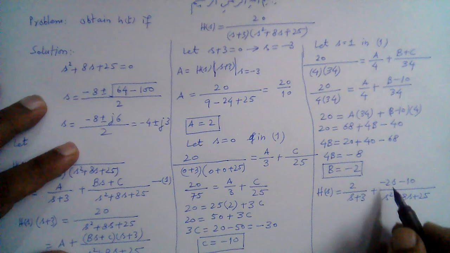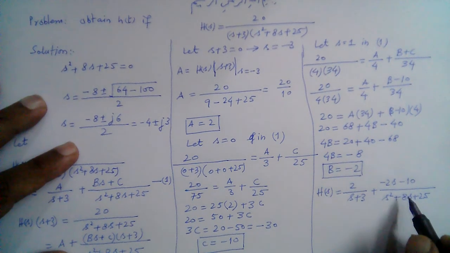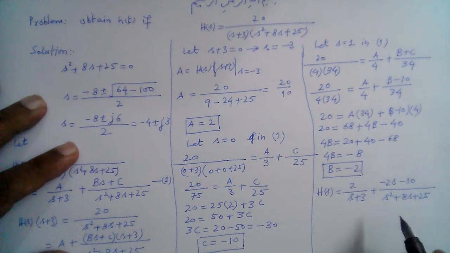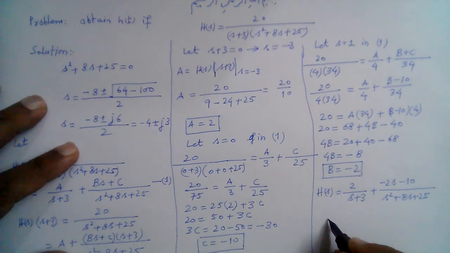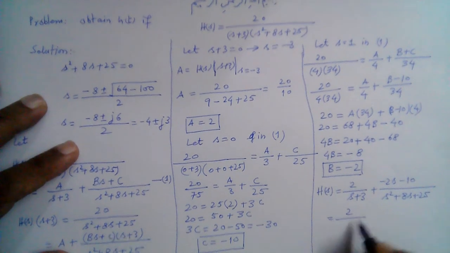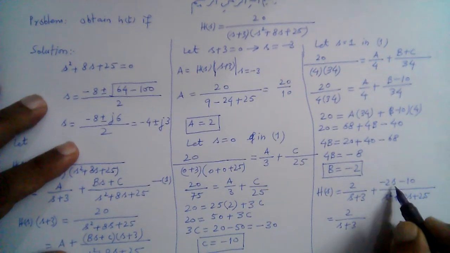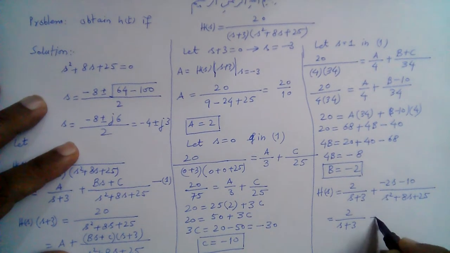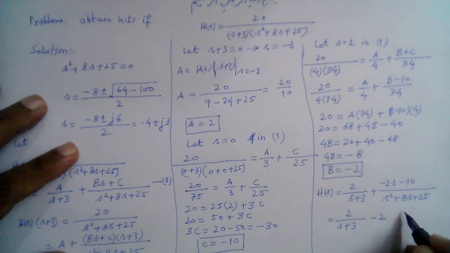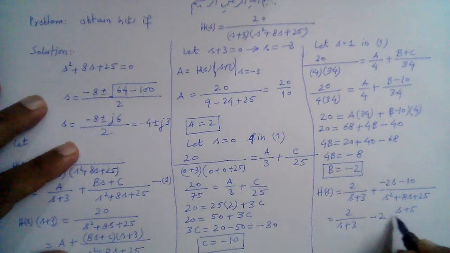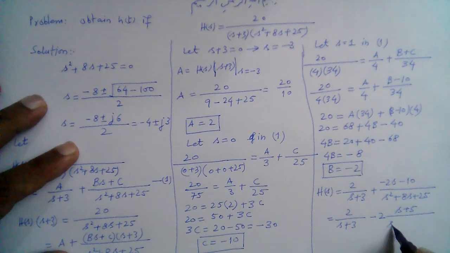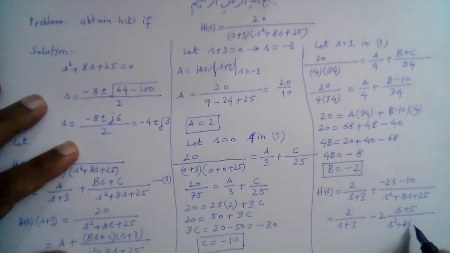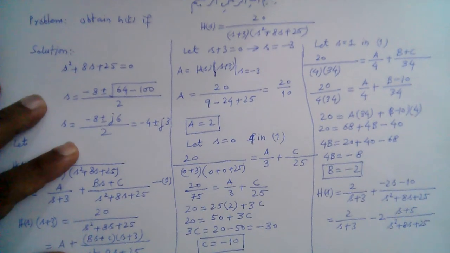So we will show how to find out the inverse Laplace transform for this term. So let's write it, and we take this 2 common, so this is minus 2, so we are left with s plus 5 divided by s square plus 8s plus 25.